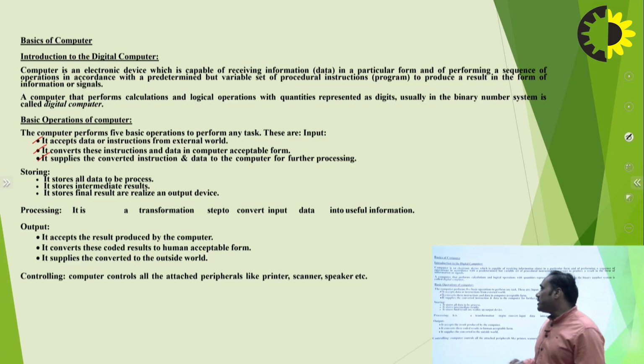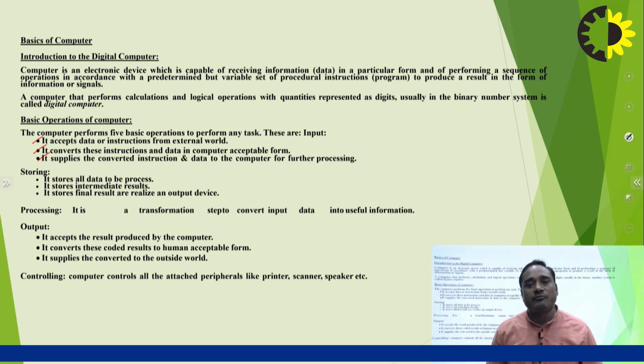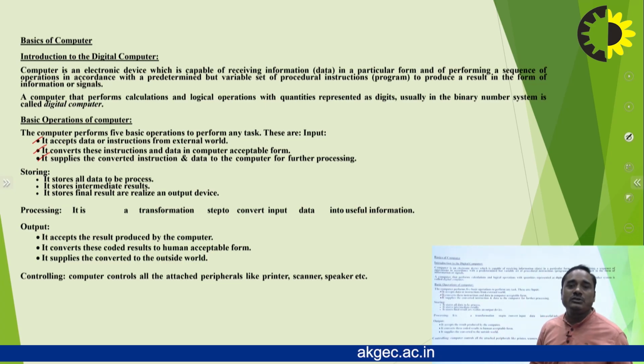The next point is storing. Where you are going to store the data is important, because if you process the data, it will definitely move from one machine to another, so where will you store it? You will need memory. Storing means it stores all the data to be processed and the data that has been processed, and a computer basically stores the data in memory.